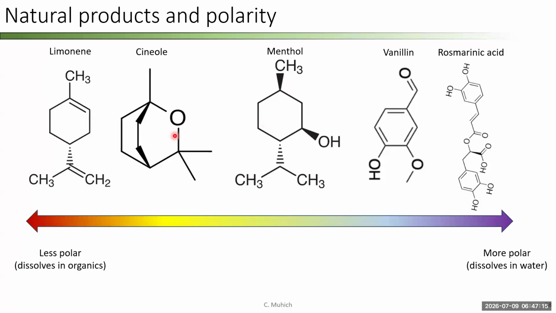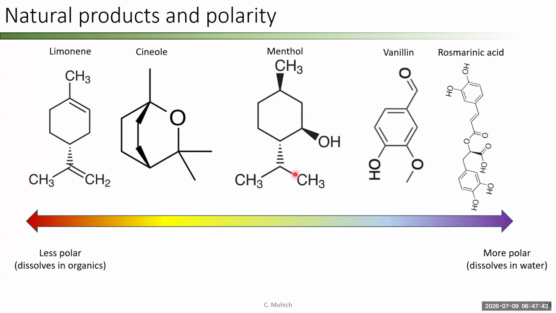Okay, so we can put some examples to that. Here we have limonene, which is going to be very non-polar. Vanillin and rosmarinic acid, which have many oxygens sitting on the outside of the molecule, tend to be highly polar and are going to dissolve in water.